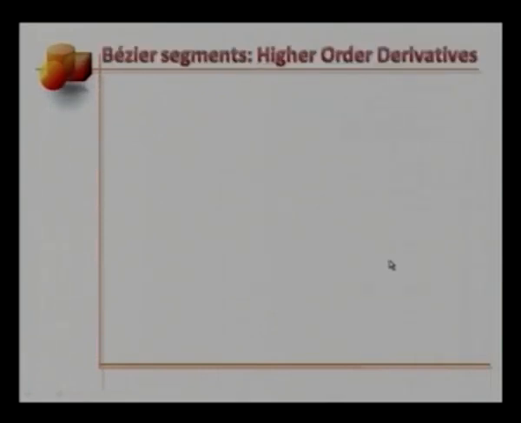Let's look at some higher order derivatives of Bezier segments. d2r over du squared is given by n times summation i going from 0 to n, d over du of b sub i super n minus 1 times p i plus 1 minus p i.